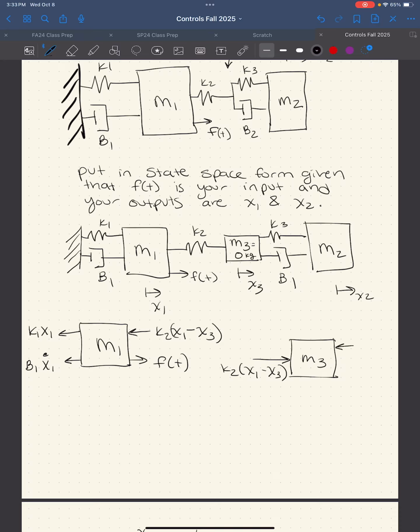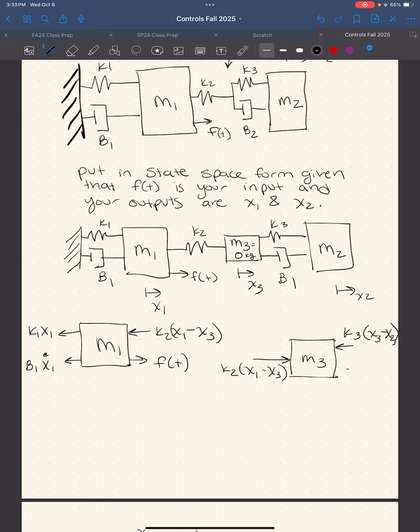It's going to push back on M3 in the amount of K3 x3. But if then x2 is allowed to move, it will relieve some of the compression on that spring, so it will reduce how much force is built up in that spring. So I want to subtract x2.